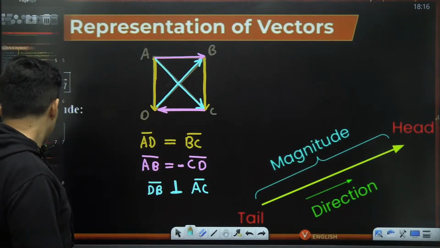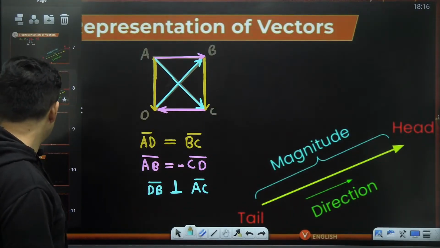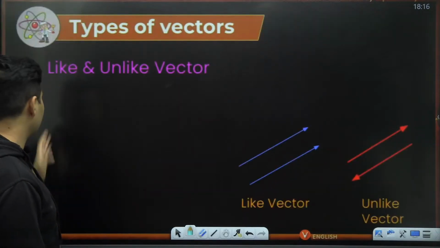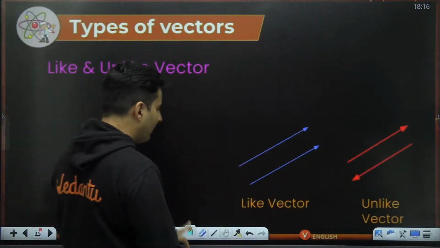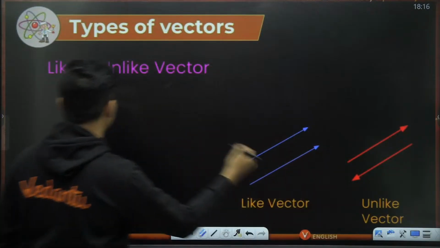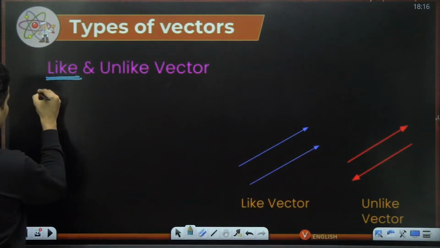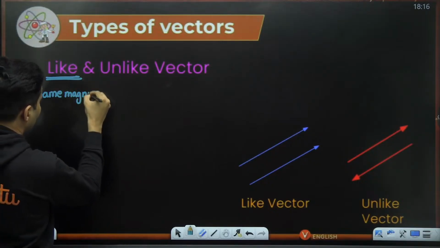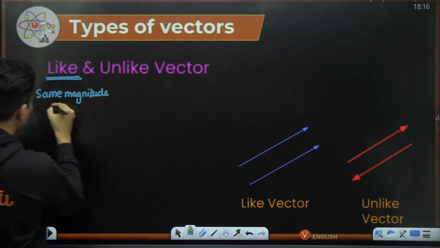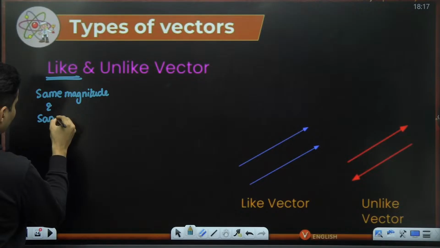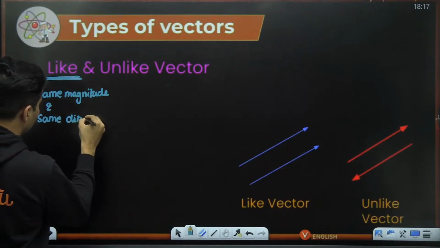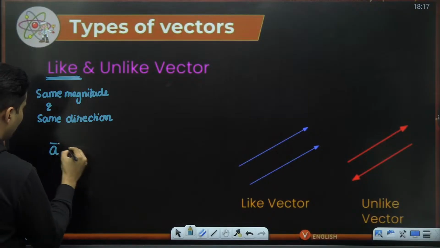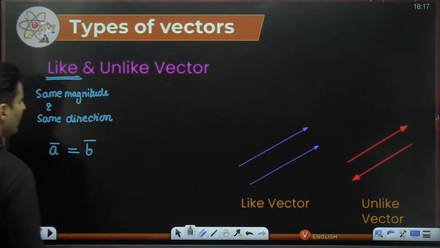Okay, so coming back, there are different kinds of vectors. Let's talk about them. Like and unlike vectors, which I just told you. Like vectors means same magnitude and same direction. So then I will say A vector is equal to B vector.